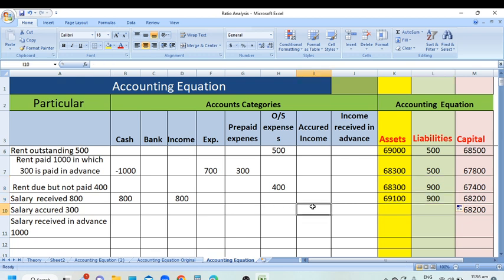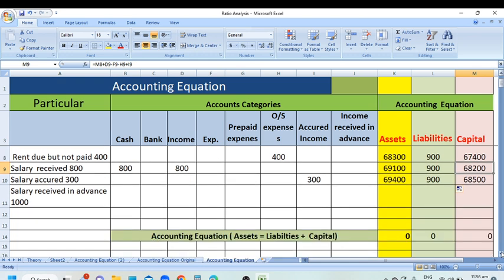So 300 will come here. It will not come in the cash because you haven't received the cash. So accrued income will affect your asset because this is an asset. You already earned this income, but you haven't received it yet, but still it is considered as an asset, right? So it will be added here. There's no liability, and definitely accrued income will be added here too. It is a part of your capital.